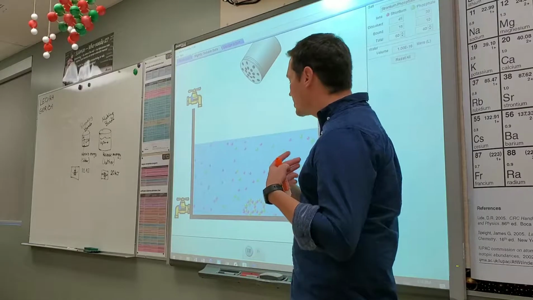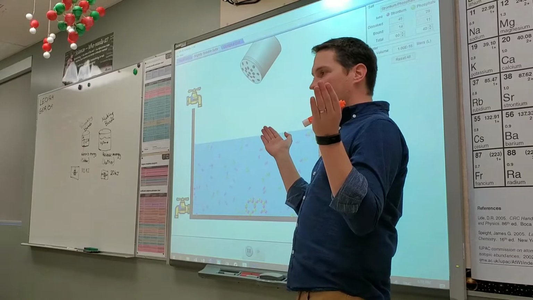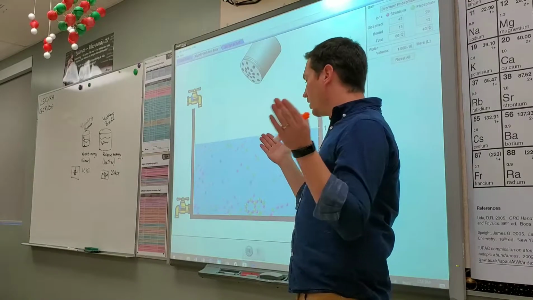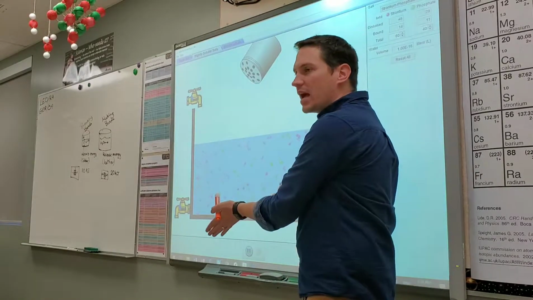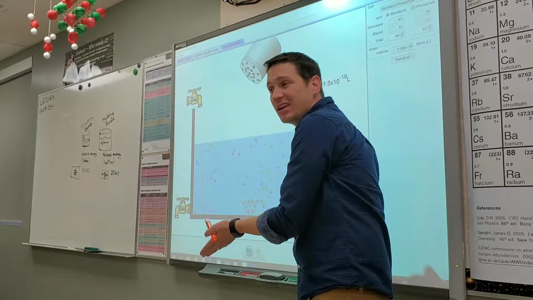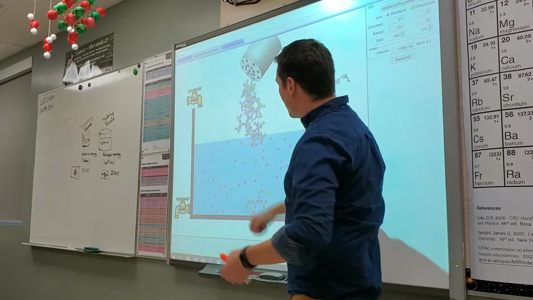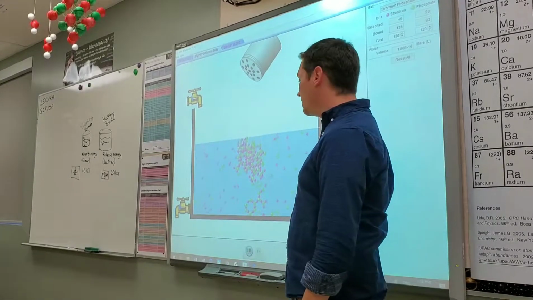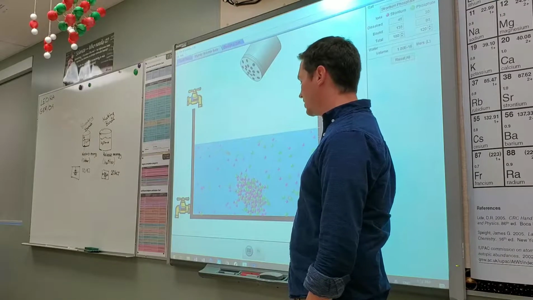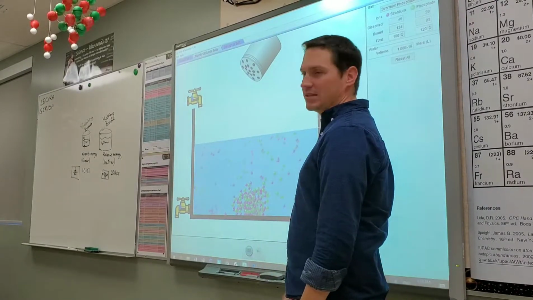Would you describe this compound as having low or high solubility? Low. It is definitely soluble a little bit. But if I added a ton of this stuff, is most of it going to be dissolved, or is most of it going to stay undissolved? Most of it is going to stay undissolved.